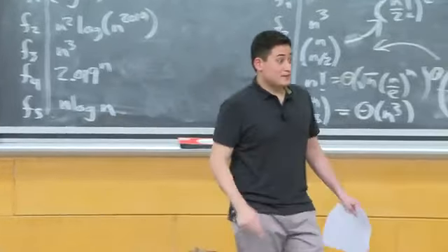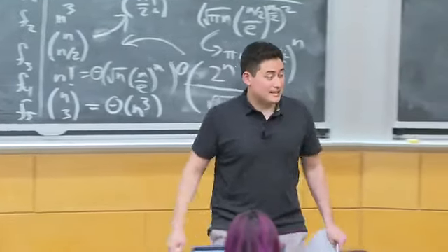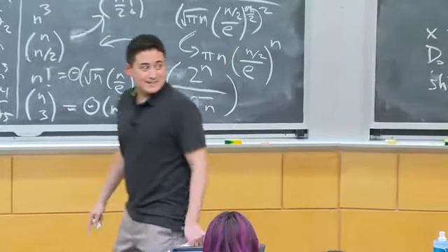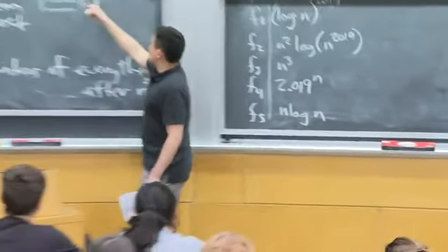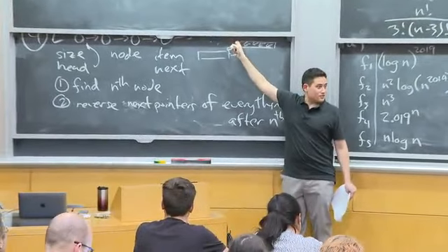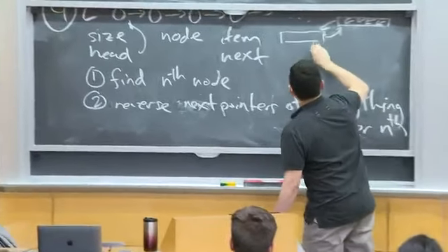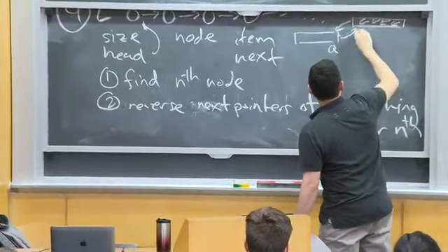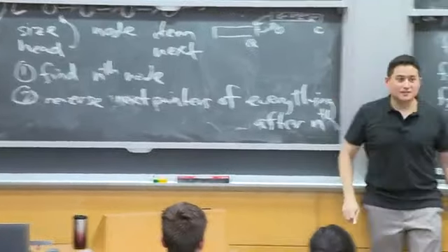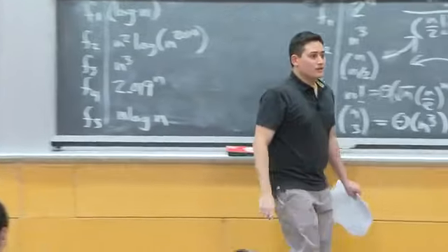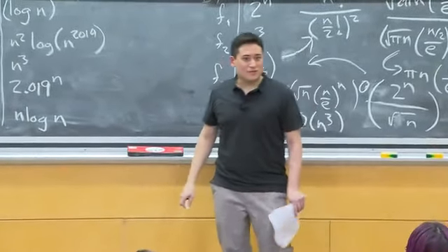Yeah. Step 3 would be to nullify the pointer of the nth node, because that's now your end. So this is my new end, right? I'm going to call this node A and this node B, okay? And this node C, okay? So tell me in terms of A, B, and C what I'm supposed to do.